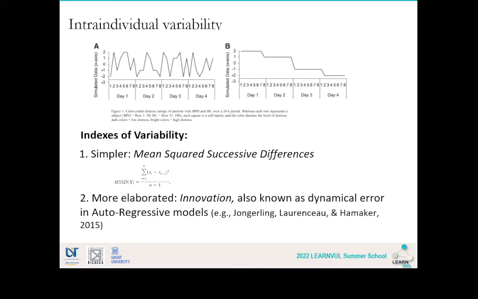And you have a more elaborate way of doing it in autoregressive models, and Julia will talk about that. It would be an index of variability.